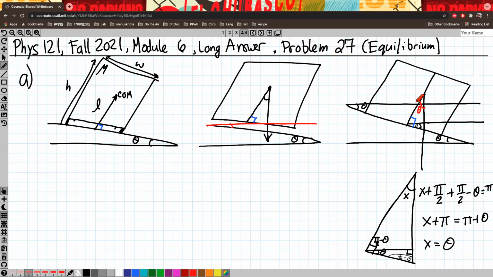All right. Okay. So now we can do the free body diagram, right? So this is going to be your mg. And what about your normal force? The normal force would be pointing up, perpendicular to the incline.